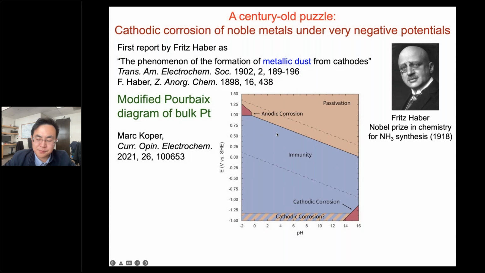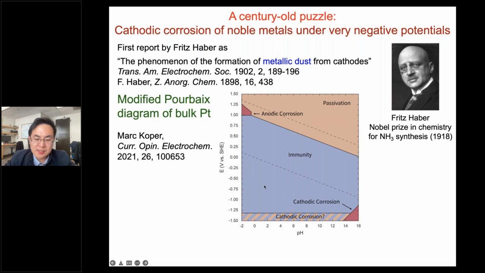Quite often platinum experiences oxidizing potential, which we refer to as anodic corrosion. That is very common in many fuel cell studies involving platinum catalysts for the oxygen reduction reaction. Very few studies would even think about going below a potential of minus 1 volt, where eventually you begin to trigger the corrosion of platinum once again.